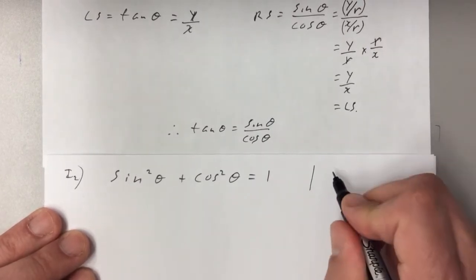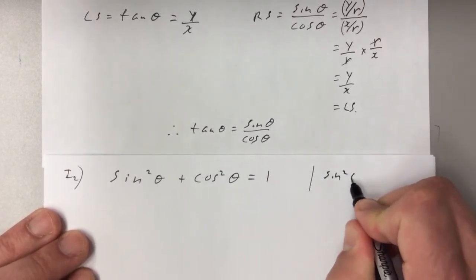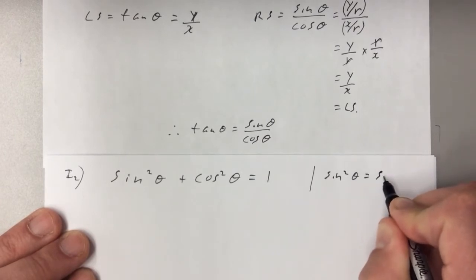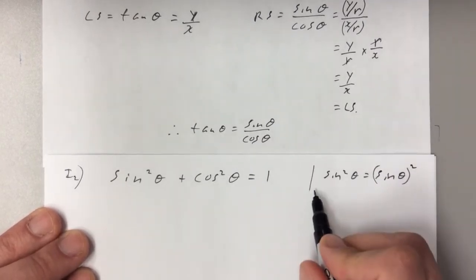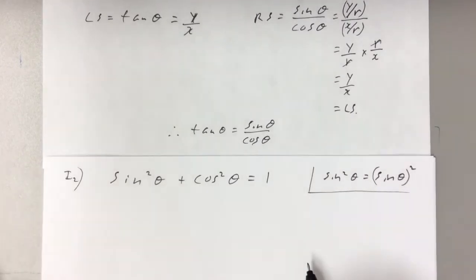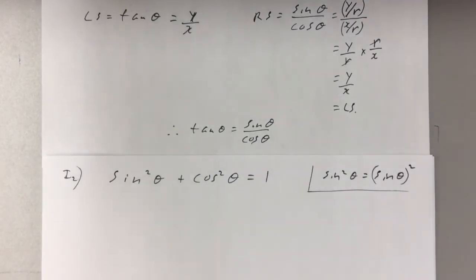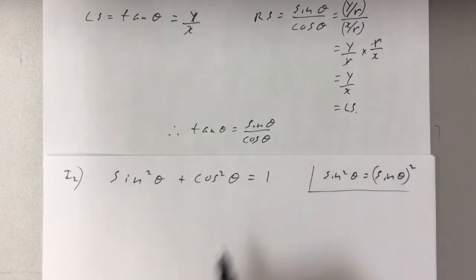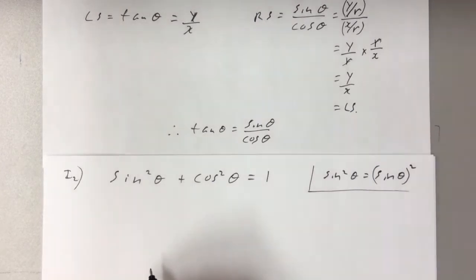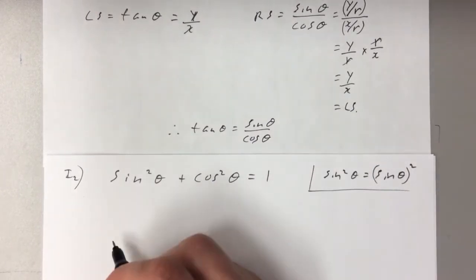Now, sine squared theta equals sine of theta, all squared. Okay, just so you're clear on that. Now, it's not true if it's sine negative 1. If it's sine negative 1 in here, that means inverse sine. So it's kind of a bad notation, but if you understand it, we can make it work.